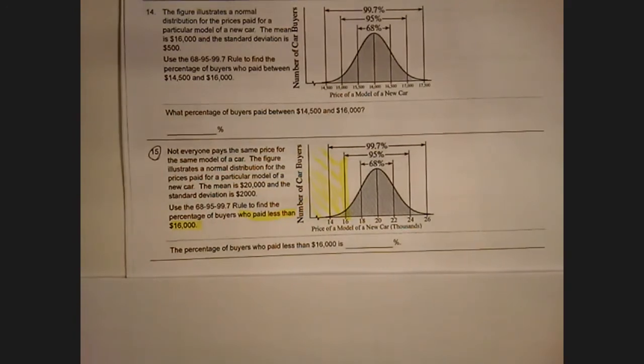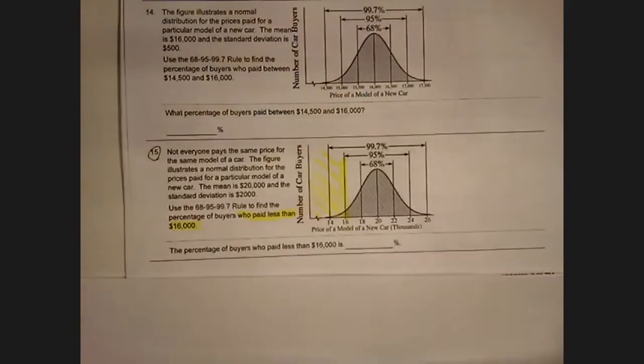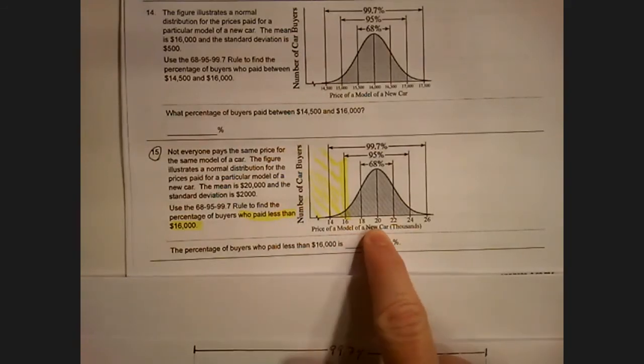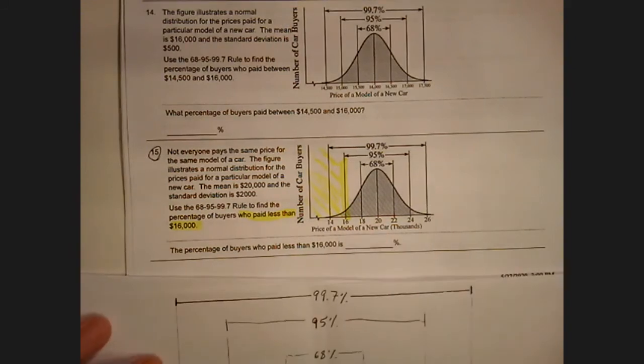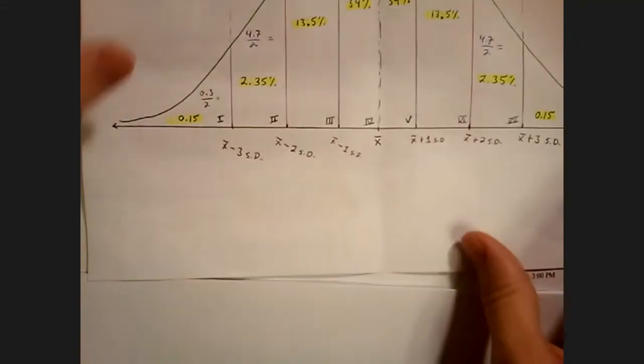Okay. So, well, I think what I'm going to do, I'm going to refer back to my table here. 16,000 is, let's see, there's my mean. So 16,000 is the 2 standard deviations.